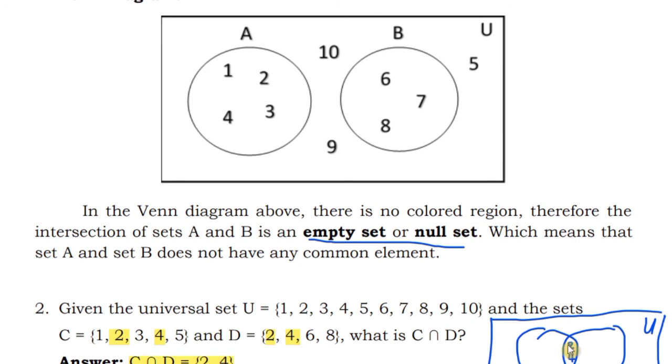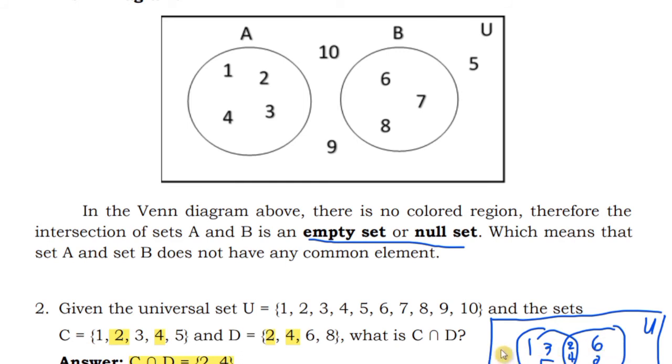Since we already wrote the 2 and 4, and this circle is C, we now have 1, 3, then 5. The other one is for set D. Again, we already wrote the 2 and 4, so we have 6 and 8. In the universal set we already have 1, 2, 3, 4, 5, 6, 8.